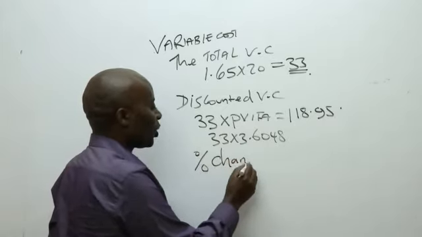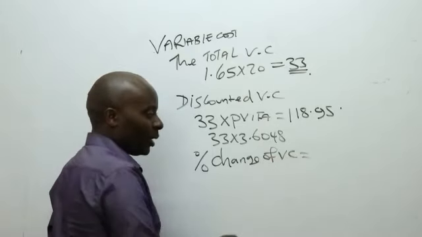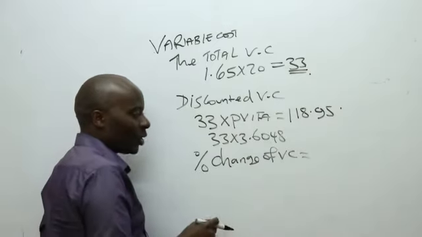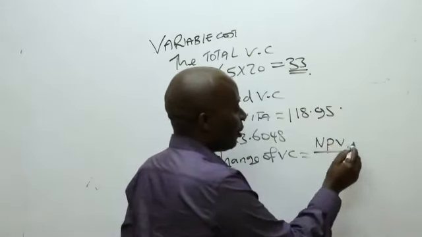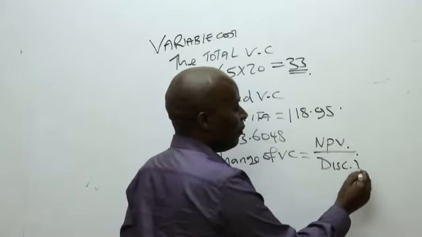Now, after that, come and give us the sensitivity factor, percentage change of VC. So don't bring that language of new minus old, nothing. Your percentage change of VC will be equal to NPV all over the discounted VC.